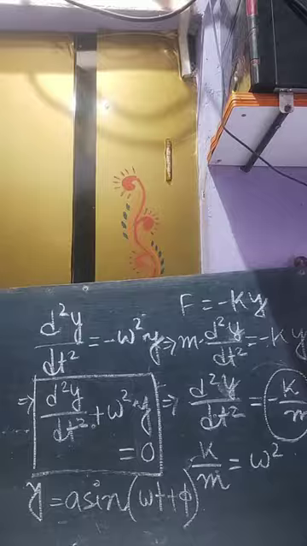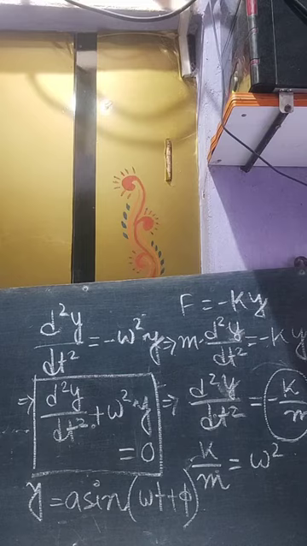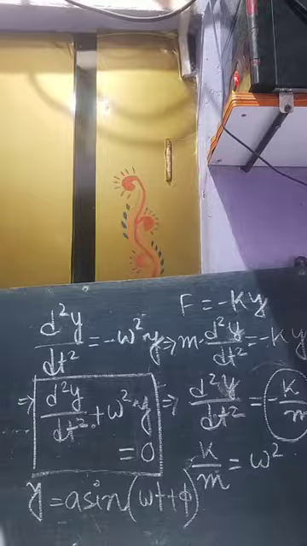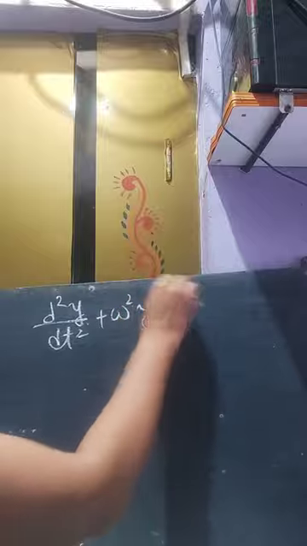Now, to check the actual nature of the motion on mathematical ground, we need to solve the differential equation for y as a function of time t. Okay, so let us solve this part. The equation is d2y/dt squared plus omega square y equals 0.